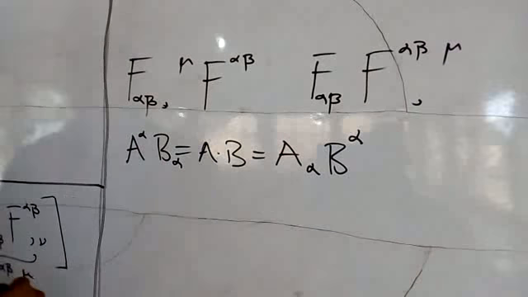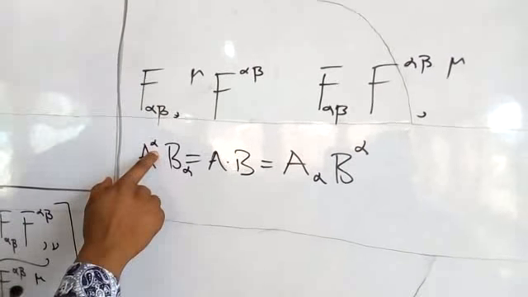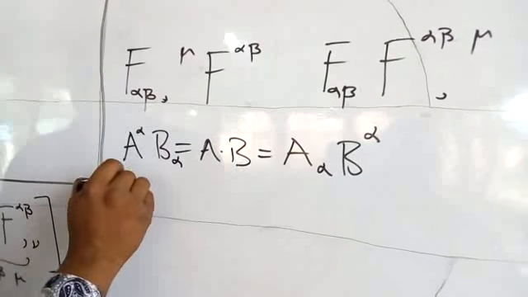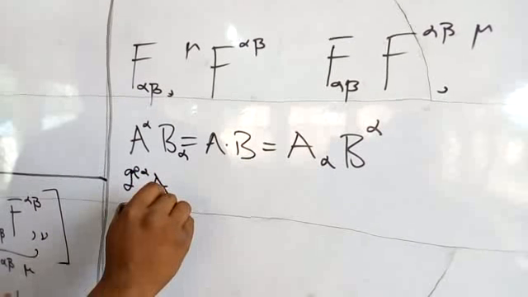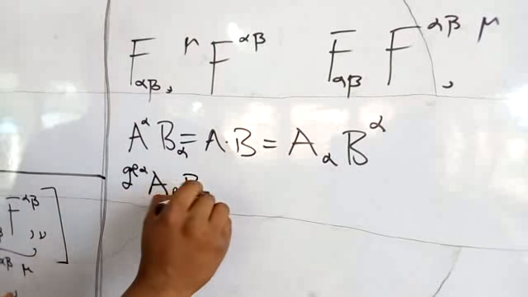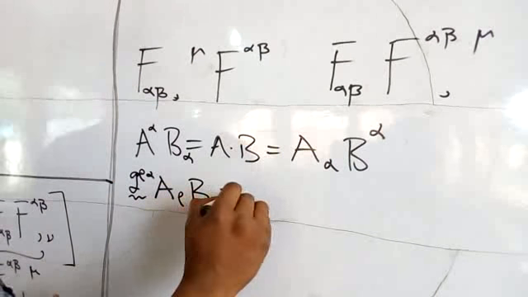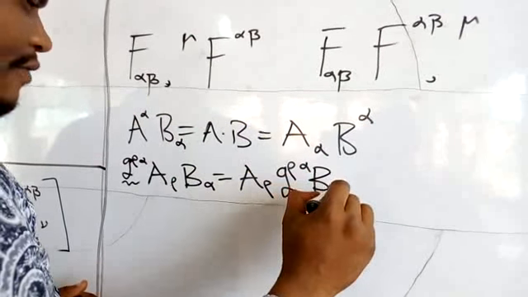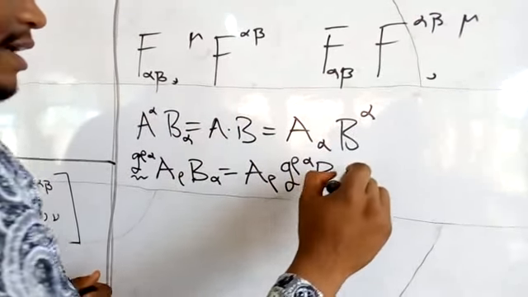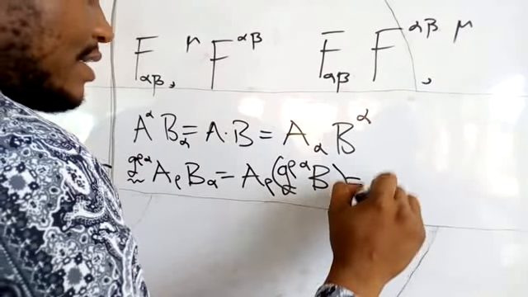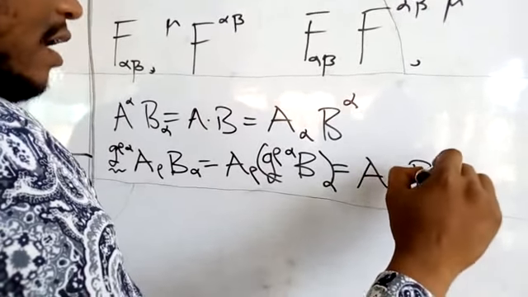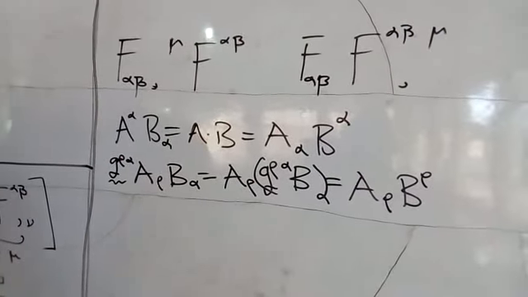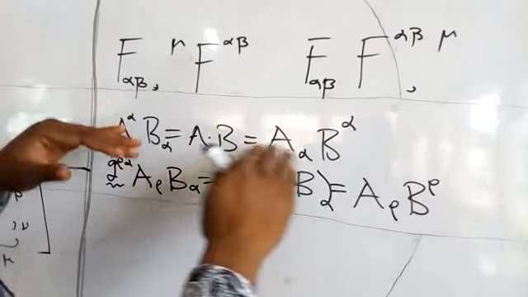We can know this by simply saying if we try to lower this index, we could use a metric tensor g rho alpha, for instance, and obtain a sub rho times b alpha. But then this metric tensor also could be used to raise the alpha that is here, right? And then if I were to evaluate that, I'll get a sub rho, b rho. Of course, rho, alpha, these are all the same dummy indices. So in other words, we have shown that these two are the same.